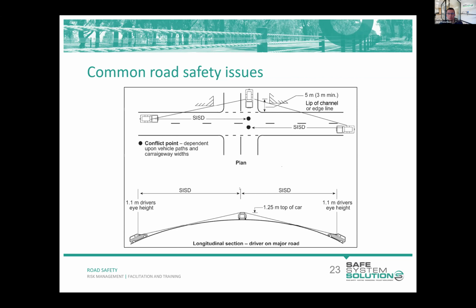This snip comes from the Austroads guides, and I've mentioned them a few times. I'll point out as well that it's always important to refer to the supplements to the Austroads guide. I'm not sure if it's a Victorian audience today, Ken, but Victoria has extensive supplements.